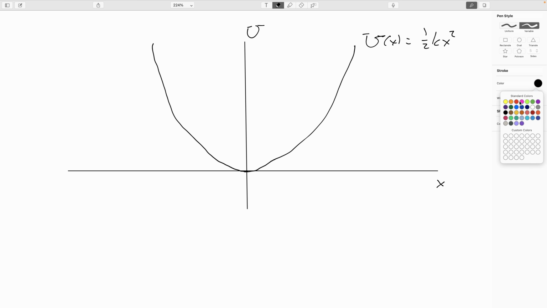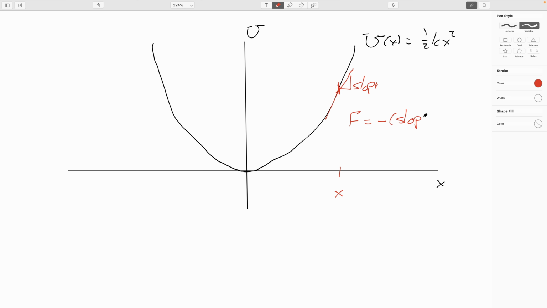So at some location, say at this point right here, we'll call that x. If I want to know the force, I can find the slope at that point right there, and then I would conclude that the force is equal to the negative of the slope at that point.